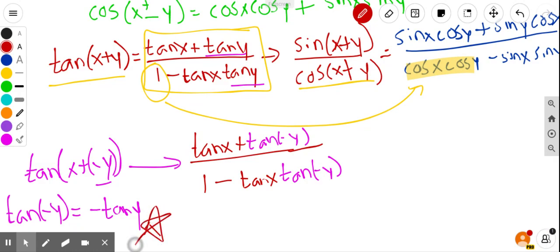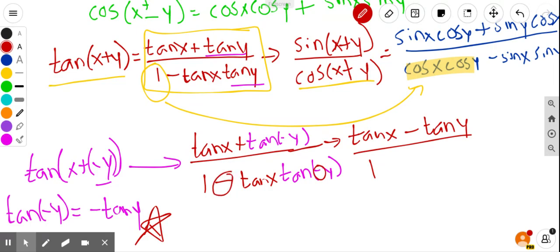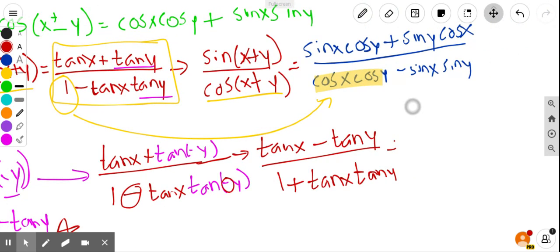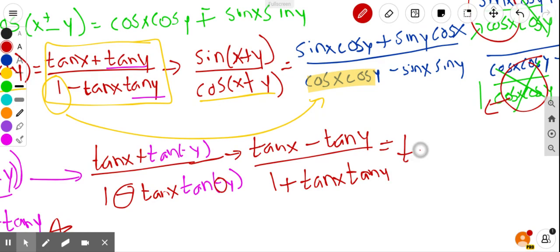That means I have tangent of x minus a tangent of a positive y now in my numerator over 1. Well, this negative and that negative, double negatives give me a positive because I'm subtracting a negative quantity now. So now that'll turn into a plus, and you get tan x tan y. So that's what the difference equation for tangent should be.